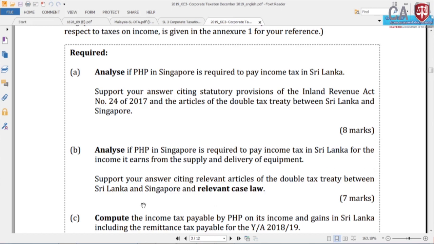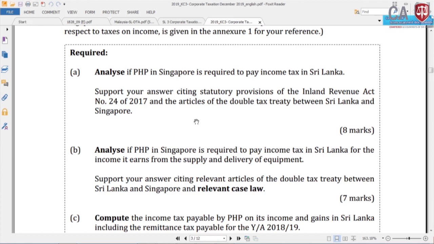Okay. Then part B, analyze if PHP in Singapore is required to pay income tax in Sri Lanka for the income it earns from the supply and delivery of equipment. Now part A is asking about PHP Singapore as a whole, whether that entity is liable for income tax.